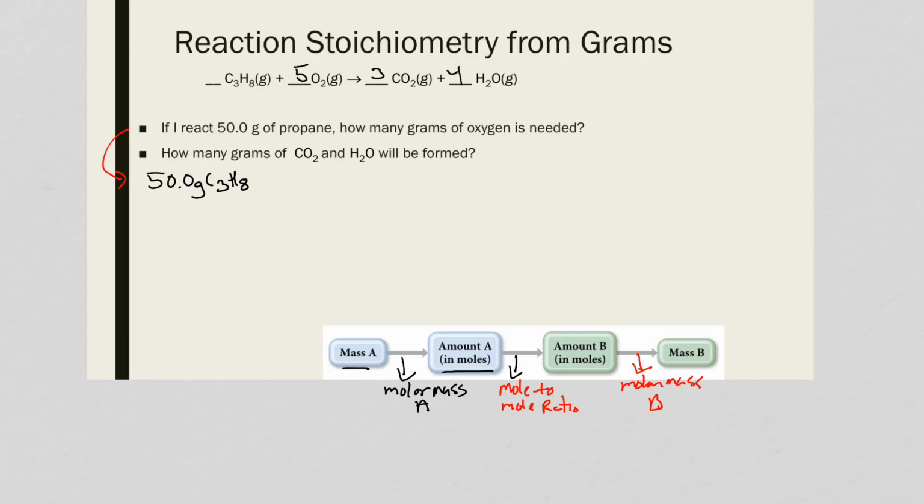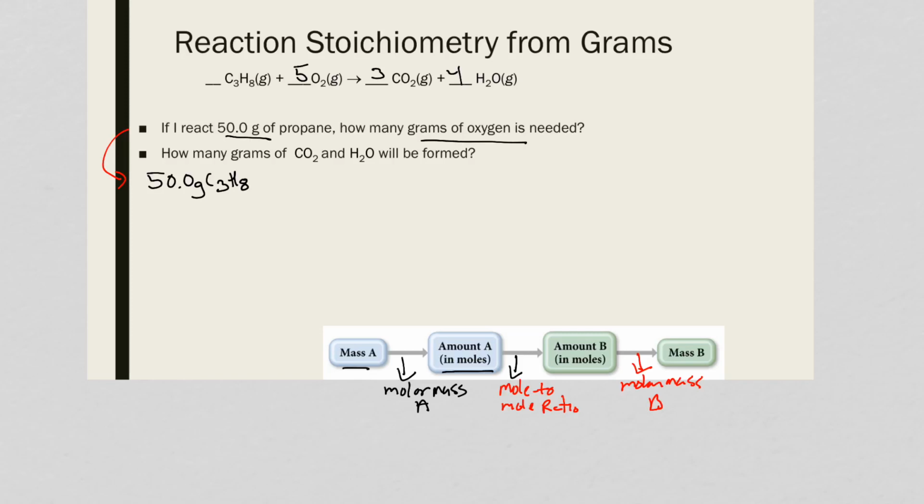And we want to figure out oxygen, right? So the only things we care about right now are the propane and the oxygen. We're not concerned with how much carbon dioxide or how much water. That's a separate problem. But in this particular question, we want to convert from how much propane we have to how much oxygen we need to react with it.